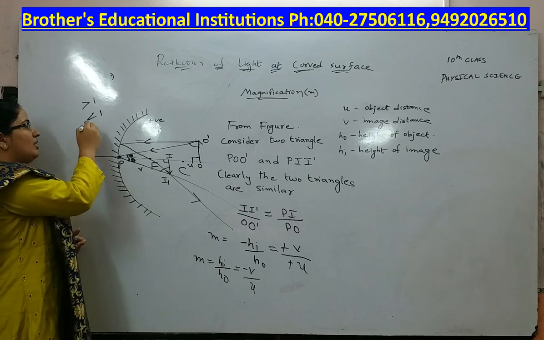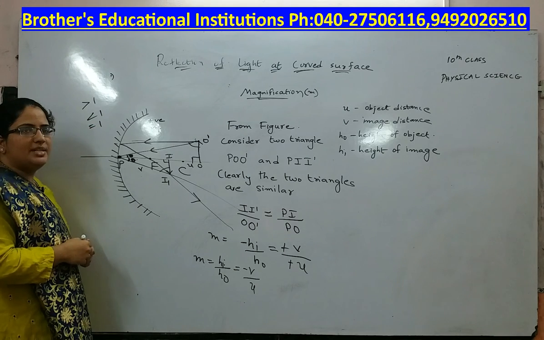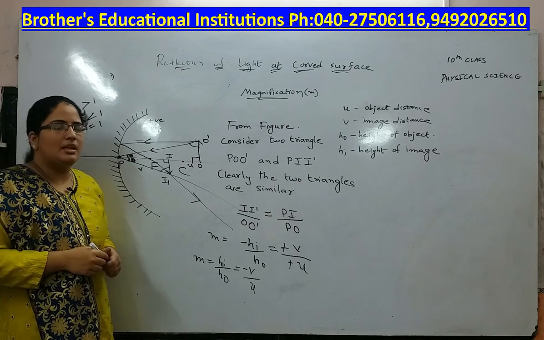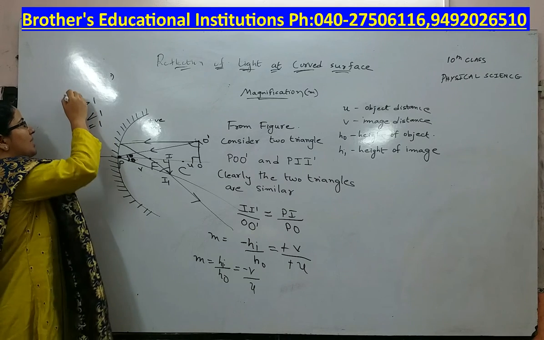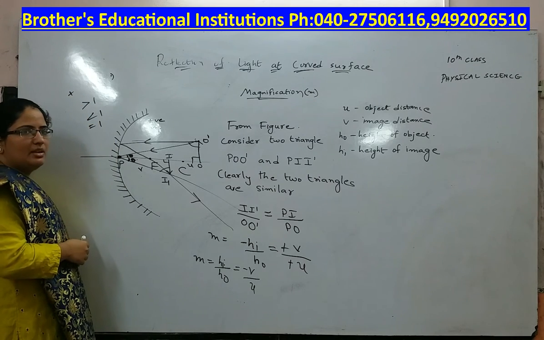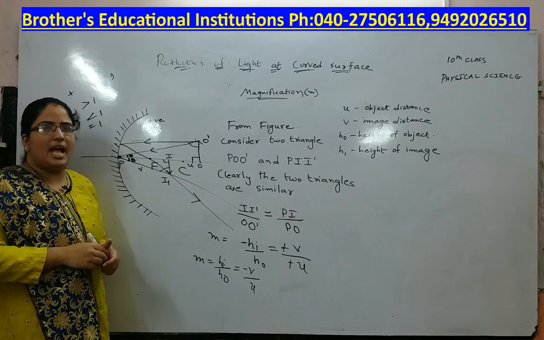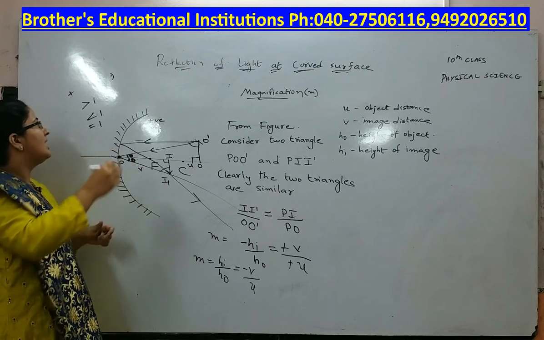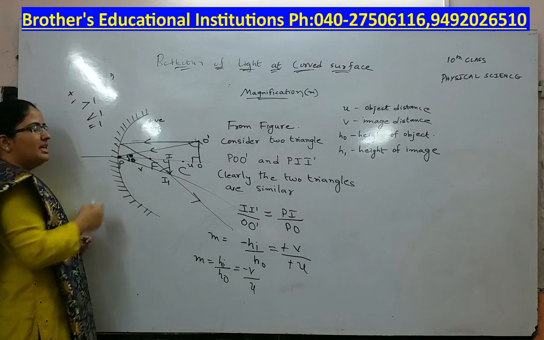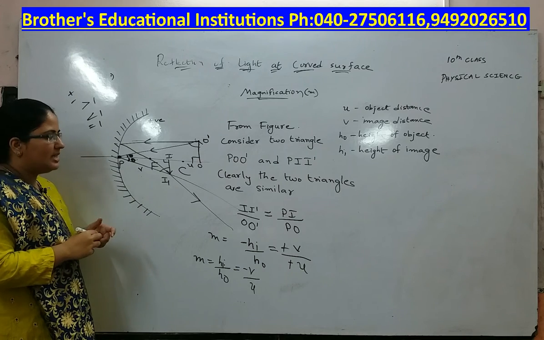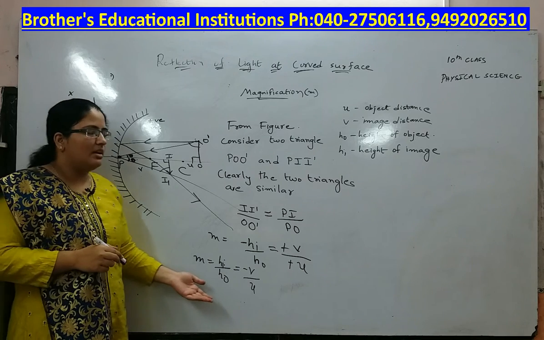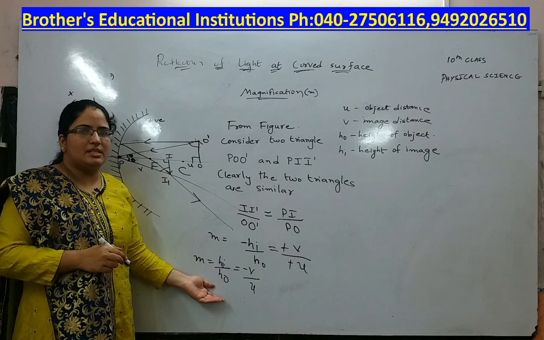When you get equal to 1, the object and image are of the same size. Similarly, when you get a plus sign, your image is above the axis. When you get a minus sign, the image is below the axis. This is how you interpret the answer from the formula.